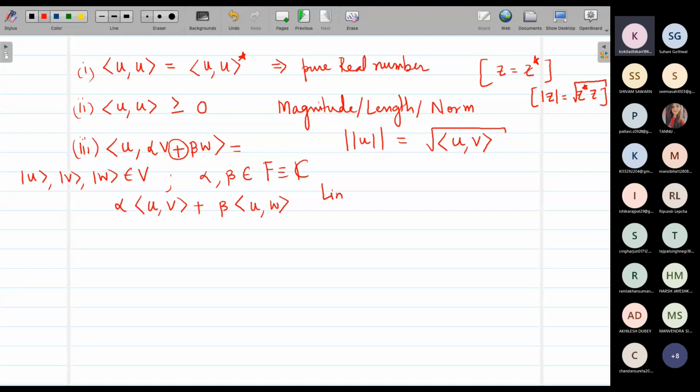So these are the three properties: the conjugate symmetry, the one defining the magnitude or length, and the linearity with respect to both vector addition and scalar multiplication. These are the properties our vector space must have in order to qualify as an inner product space.